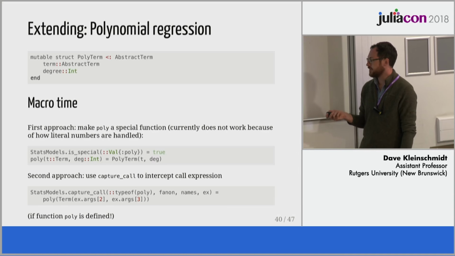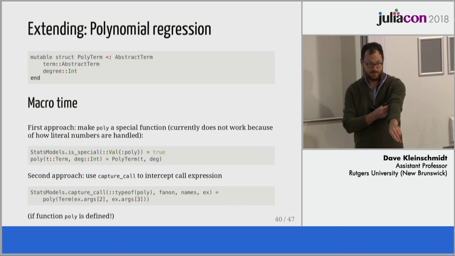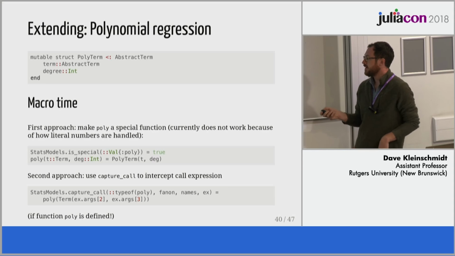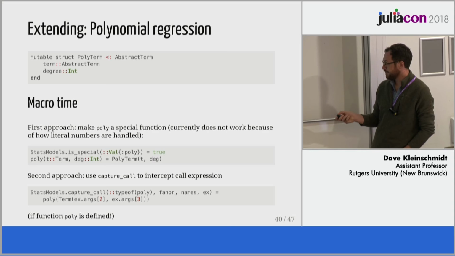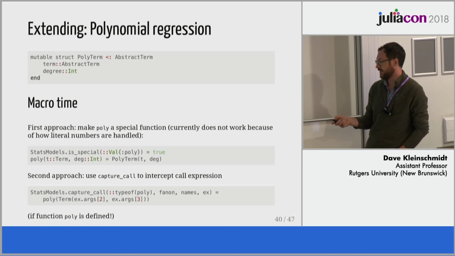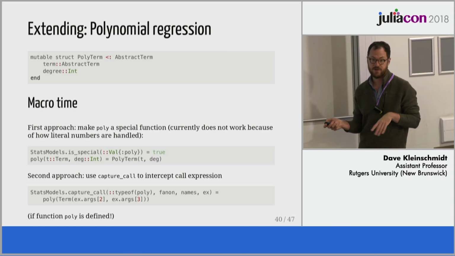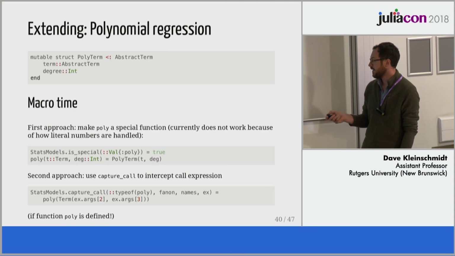The second approach is you actually use capture call to intercept calls to this function at runtime. Remember, capture call gets the function that would have been called. So we're dispatching on type of poly, where now poly is a function that you have to actually define somewhere, even if it's just an empty stub.